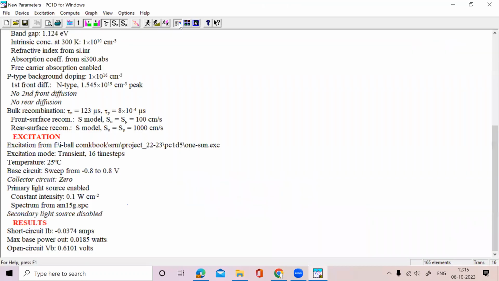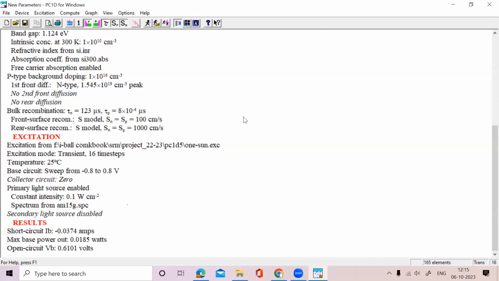Again, you go for the device. Now, I am telling how you can do this work. If you want to do some simulation or design with the help of this software, one thing I told you is that you can optimize the doping. I am talking only about silicon.